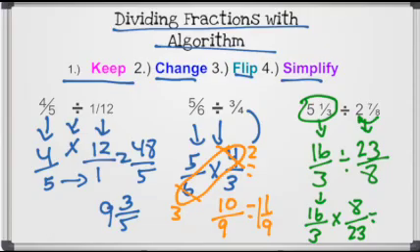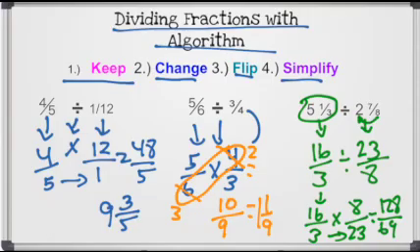And let's go ahead and do some mental math. 6 times 8 is 48, and 8 times 10 is 80. 80 plus 48 is 128. And let's go ahead and multiply 3 times 23. 3 times 3 is 9, and 3 times 2 is 6. So it's 69. 69 over 128.